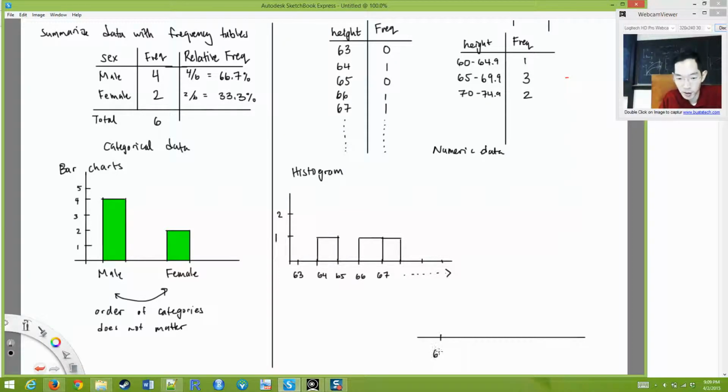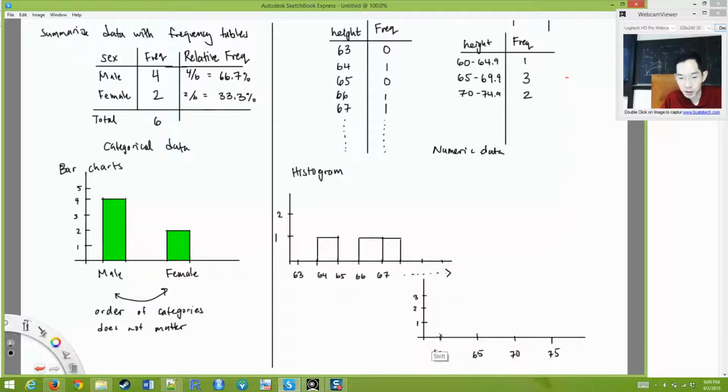So generally you create bars for the left side unit of the bin, 70 and 75, and so the bar that starts at 60 represents everybody between 60 and 65, and I would need to create bars here, and I go 1, 2, 3.